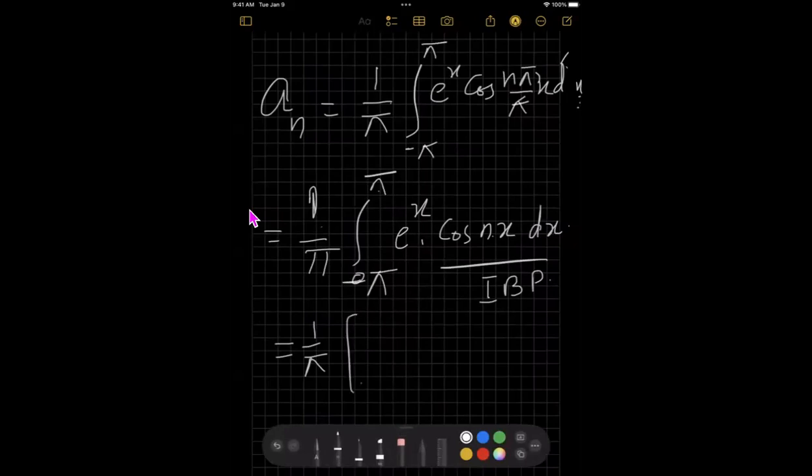I will take e^x as v, u is cos of nx. So cos of nx multiplied by e^x dx is e^x minus e^x dot minus sine of nx over n.